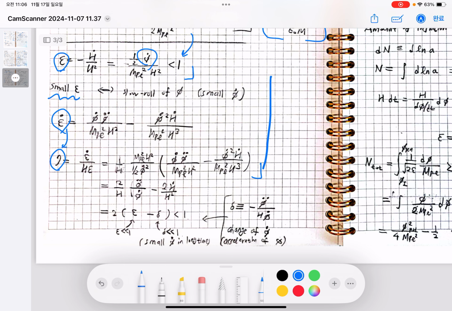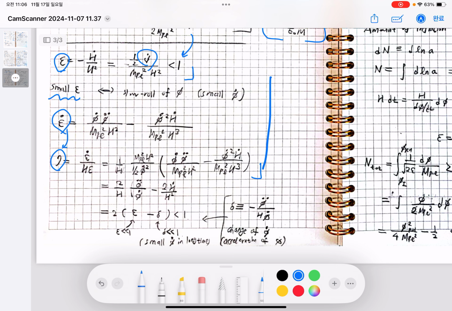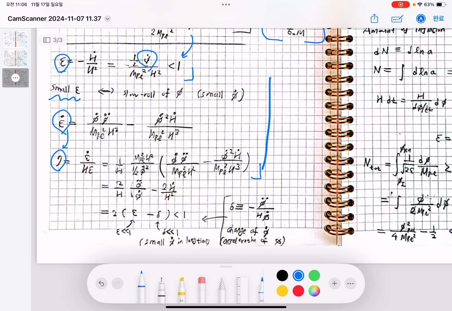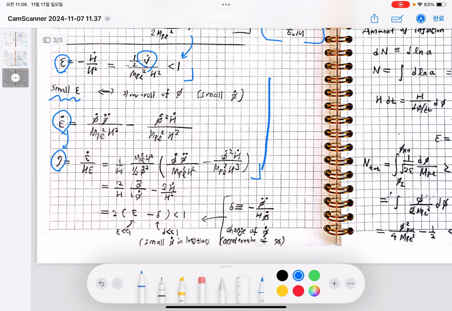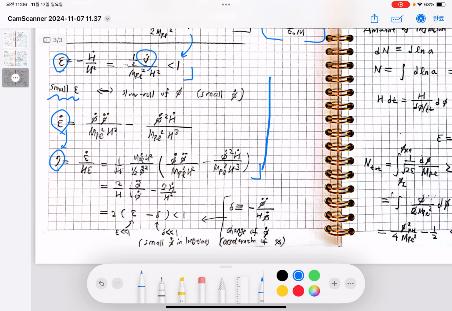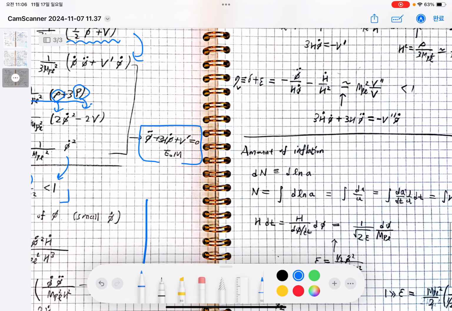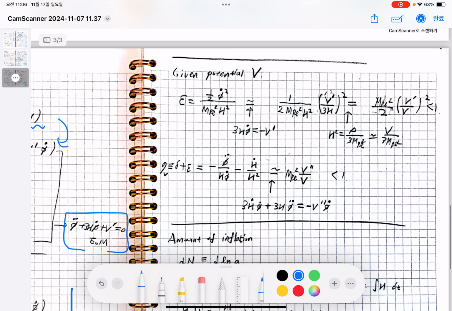Delta is defined as the change of φ dot, so the acceleration of φ. The point was that epsilon and eta should be small, and in the scalar field dynamics, the scalar field value should behave slowly, and the acceleration of φ is also small to make eta small.